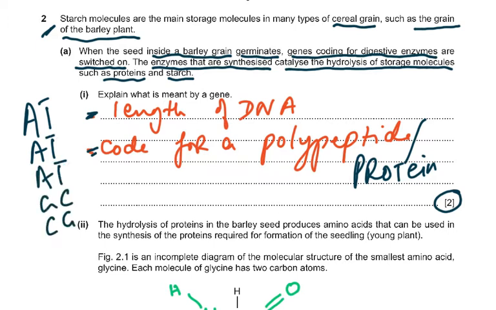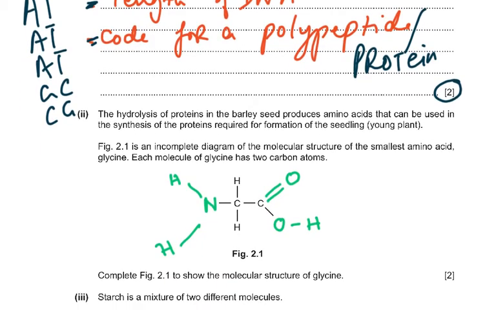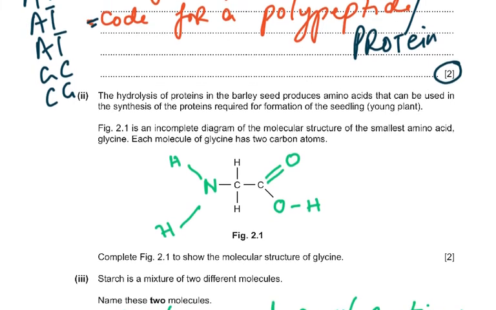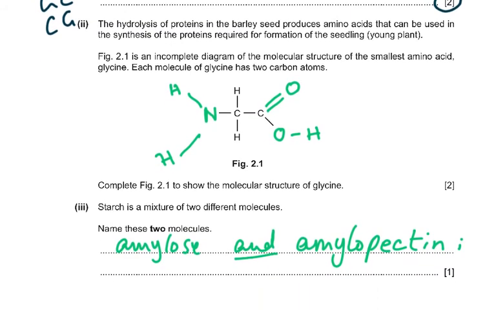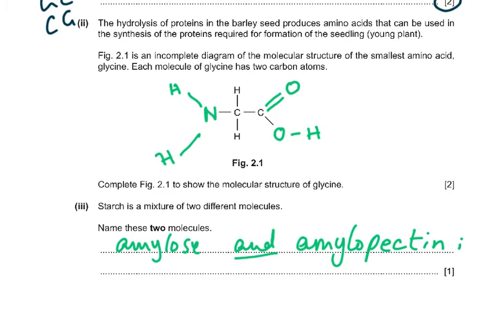So these bases code for a polypeptide or a protein molecule because they code for the sequence of amino acids. So they code for the primary structure. And then everything is automatic. The folding is automatic because the R groups then bond and form the hydrogen bonds or the ionic bonds.